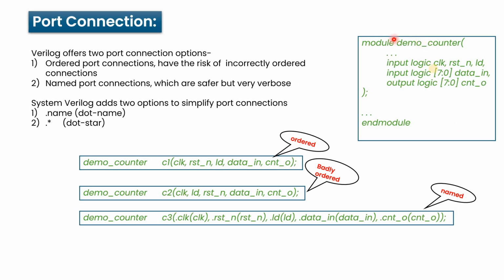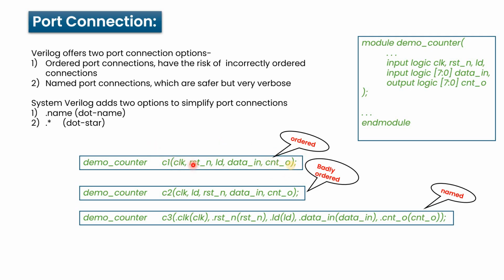So let's take one example. Here we have an example demo_counter which has some ports: input logic clock and reset, load, input data and output count. So when we instantiate this child module inside a parent module, either we have to use the ordered connection approach, or we have to use the named connection approach.